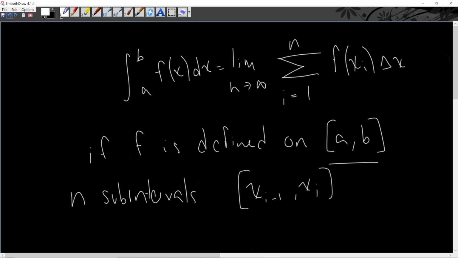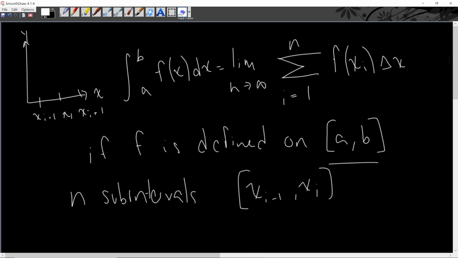So let's draw this a little bit. On the x axis, we have xi minus 1, xi, xi plus 1. These are all 1 unit from one another, and they're also the same width.